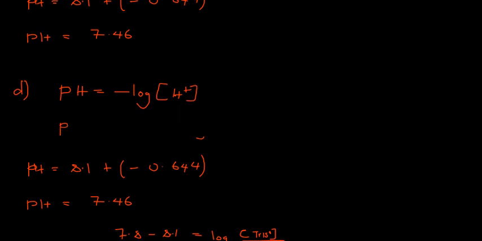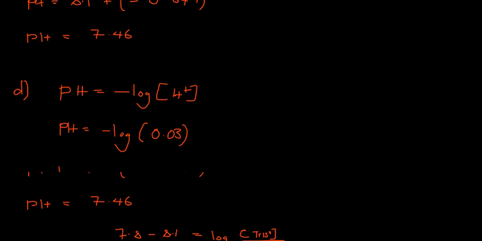And that pH will be the negative log of 0.03. So the negative log of 0.03 will be 1.52. That is the pH.